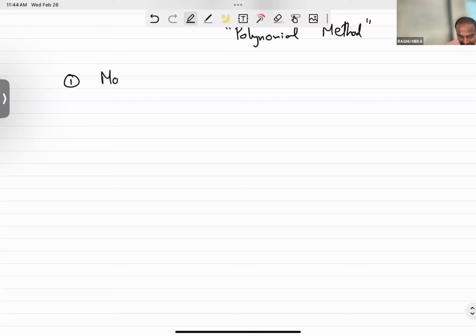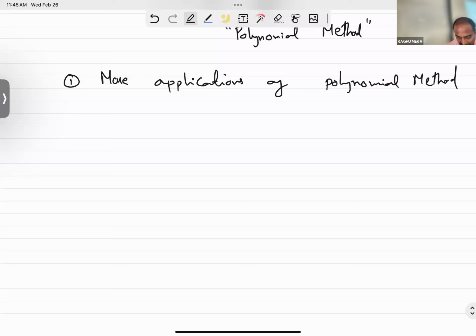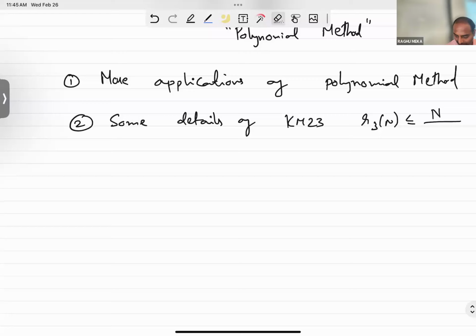Option 1 is more applications of the polynomial method. Or we can go into the integer case more and see how you can get this bound of n over 2 to the log n to the 1/12.